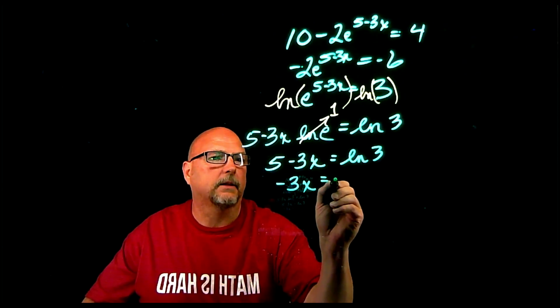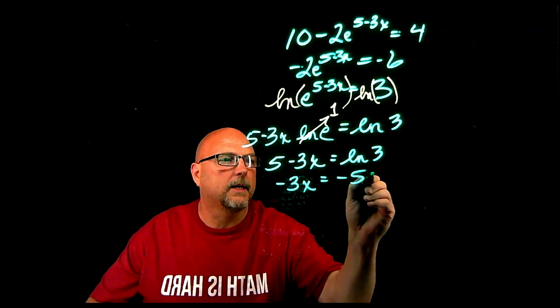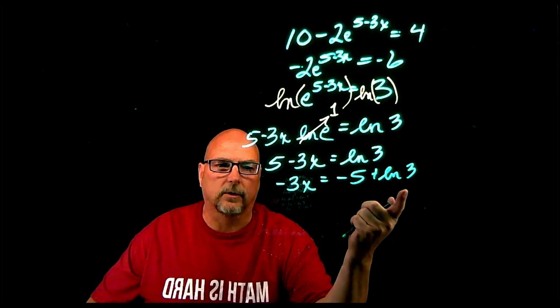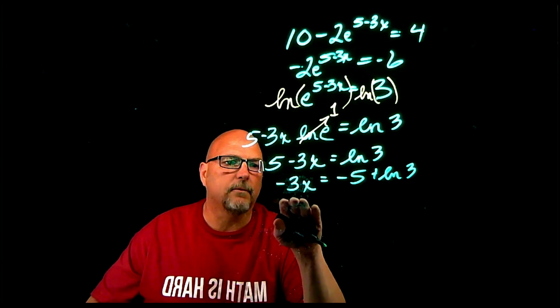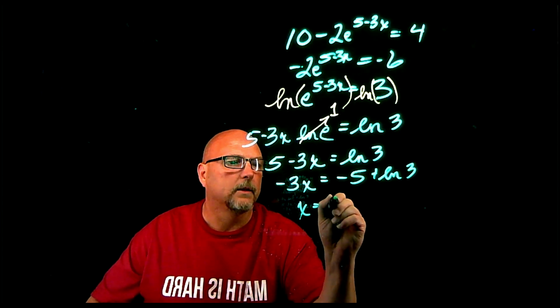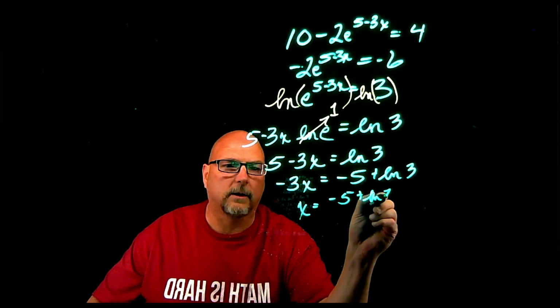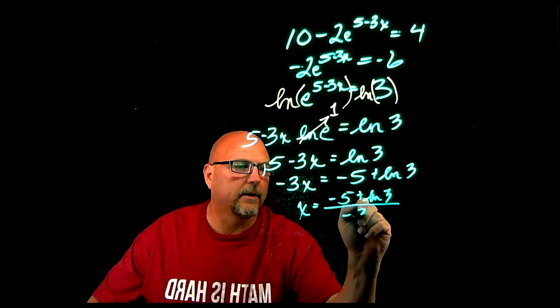So negative 3x equals, it doesn't really matter how we write it. You could write the natural log of 3 minus 5, which would be fine. But then we're going to divide both sides by negative 3. So that's negative 5 plus natural log of 3, divided by negative 3.